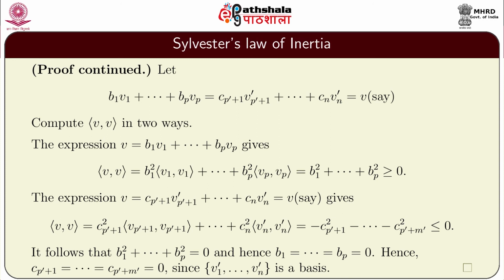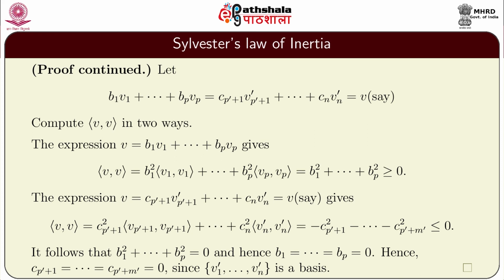You can see that we are arriving at this basic expression that b1 v1 and so on up to bp vp minus c p dash plus 1, v dash p dash plus 1 etc. up to minus c n v n dash is equal to 0. Now, let us compute the inner product v comma v in two ways.